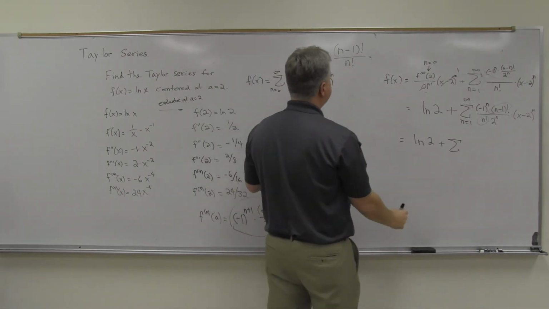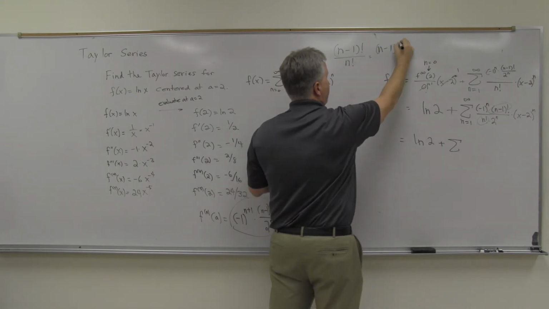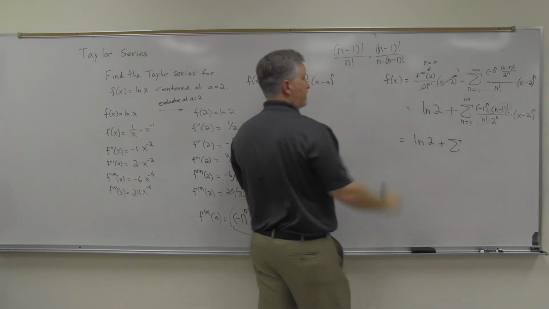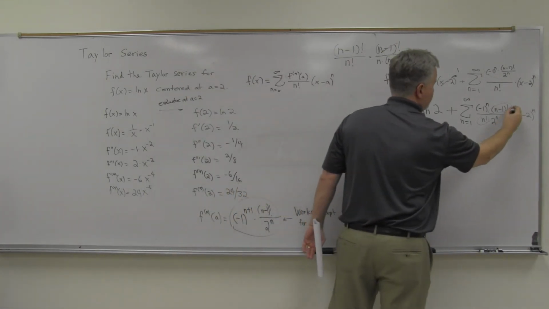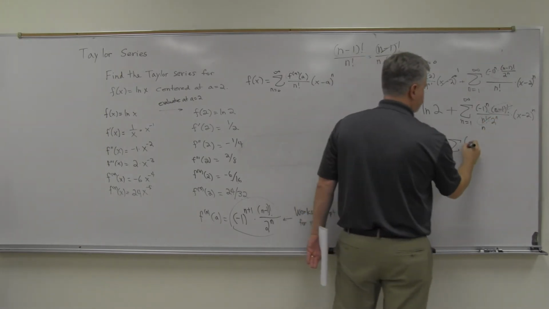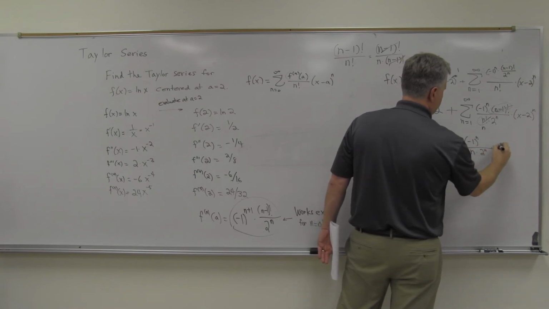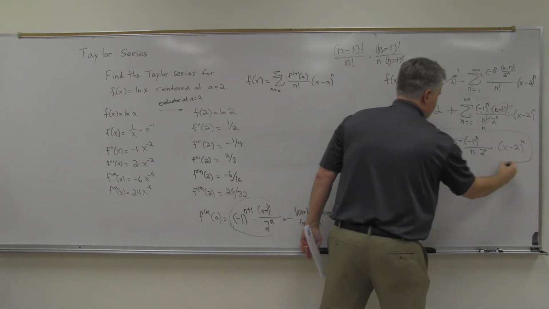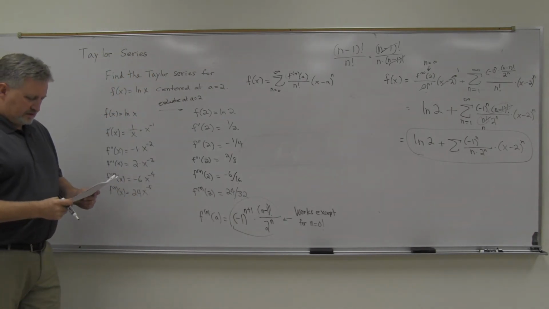Well, couldn't I write n factorial as n, then times the next term would be n minus 1, so that would be n minus 1 factorial? Yeah, so this is going to reduce out and just be an n right there, isn't it? Okay. How's that? Question?